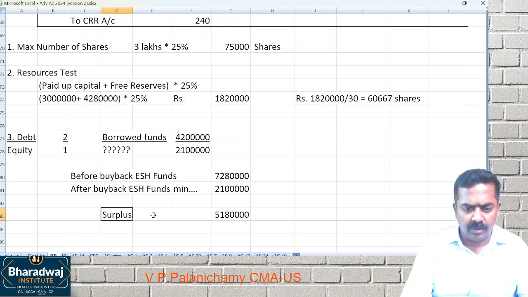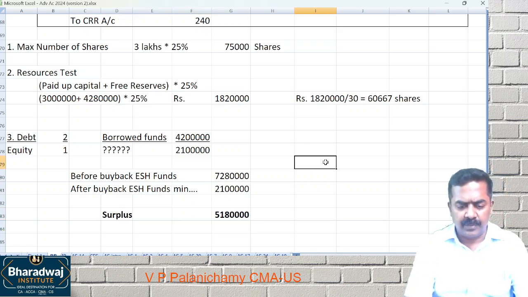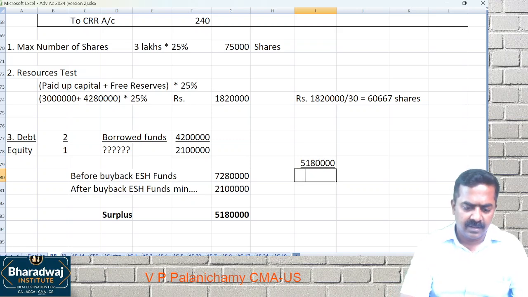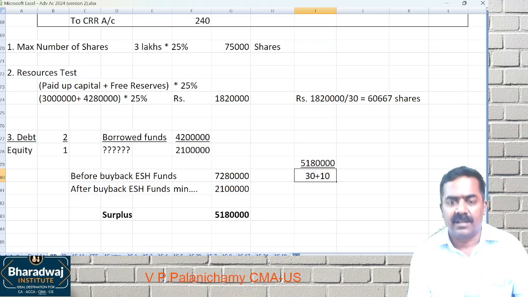So how much is there? 51 lakh 80,000 divided by, do you remember? 30 plus 10. Why 30 plus 10? For every one share purchased, we have to create a CRR of what? 10.